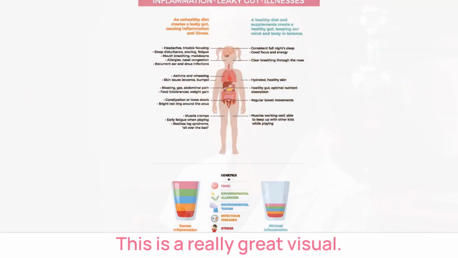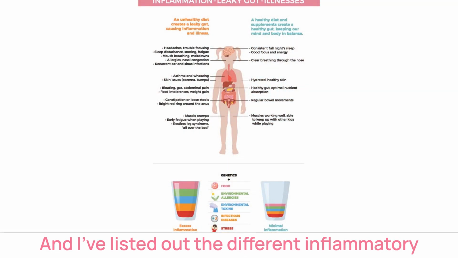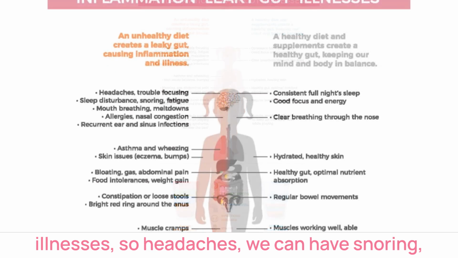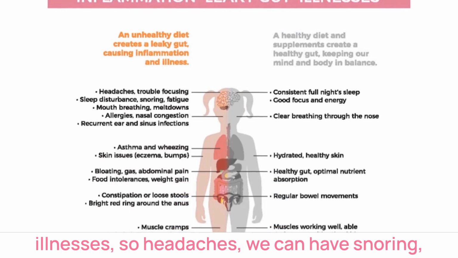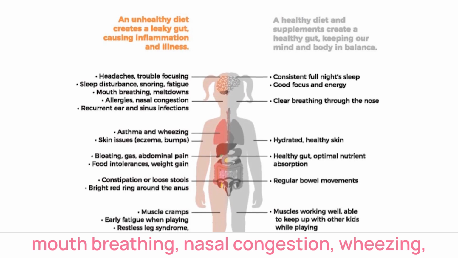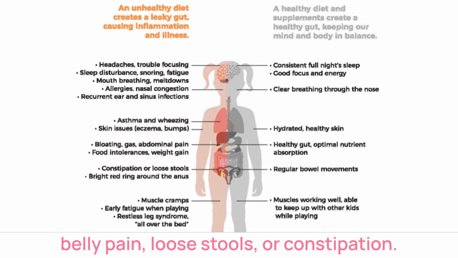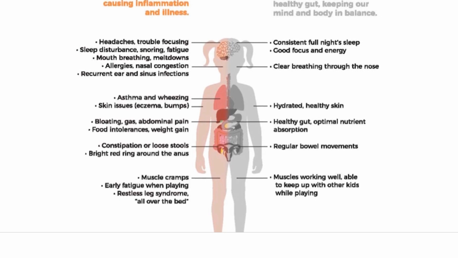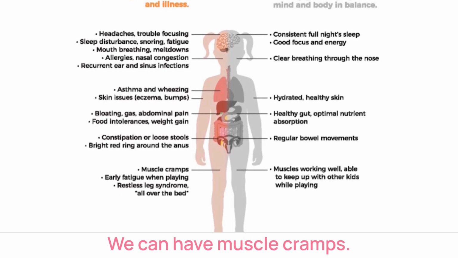This is a really great visual, and I've listed out the different inflammatory illnesses. So headaches, we can have snoring, mouth breathing, nasal congestion, wheezing, belly pain, loose stools, or constipation. We can have muscle cramps.